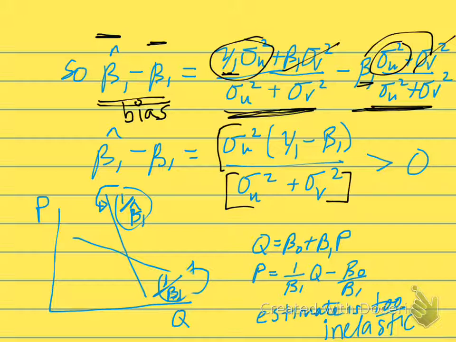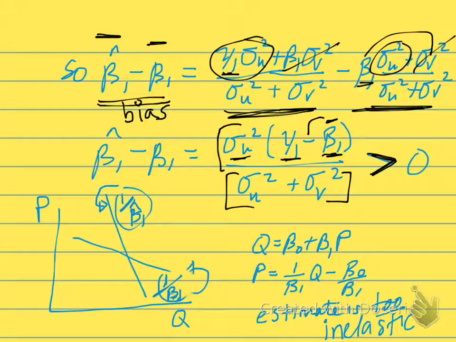Now notice the two variances are positive. Variance is always positive. This is the slope of the supply curve, which is positive. Beta 1 is the slope of the demand curve, so it's a negative number. So negative times negative is positive. So every term here is positive.